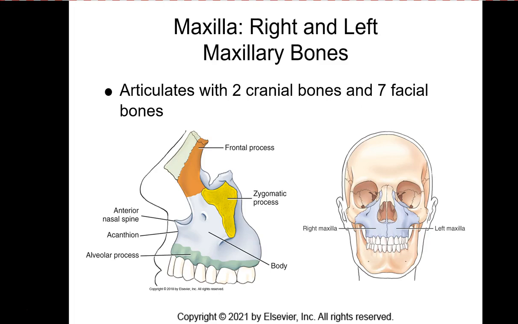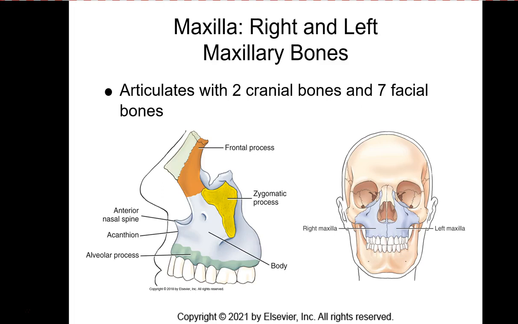The right and left maxillary bones are united at the midline below the nasal septum. You can see that here. And each maxilla helps create 3 different cavities within our face. So part of the maxilla helps create the mouth or the oral cavity, the nasal cavity, and then the orbits. And we'll talk about that more here.